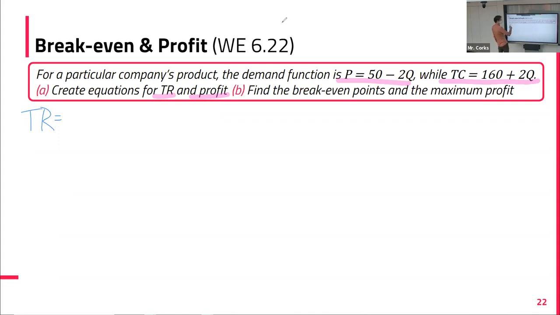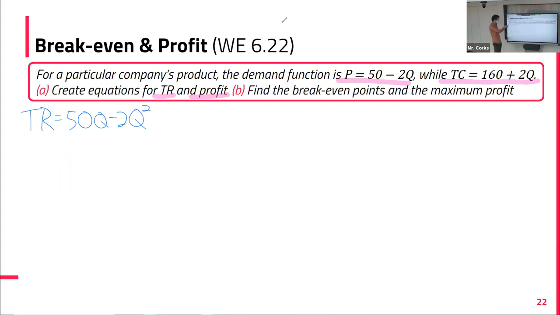All right, so total revenue, it's actually the same one that we had before. So 50q minus 2q squared.